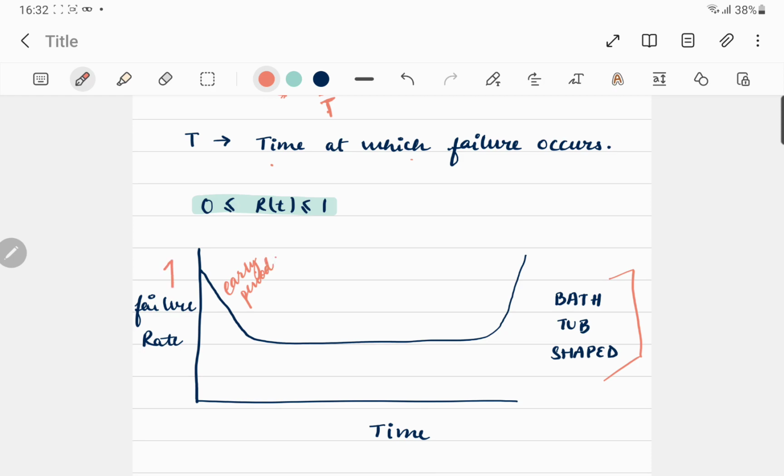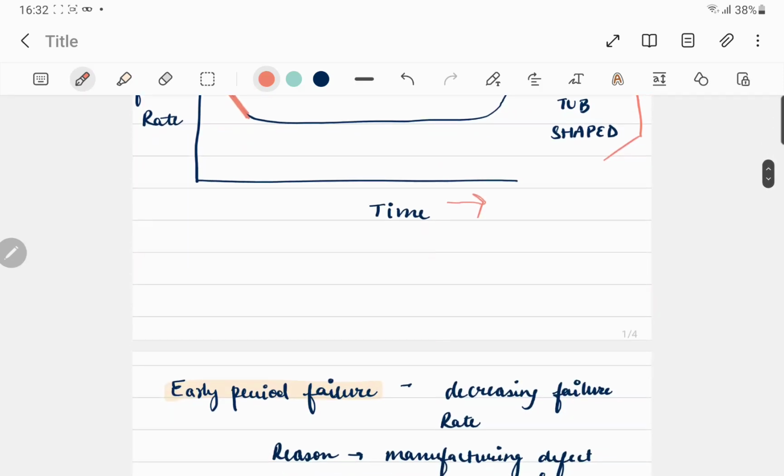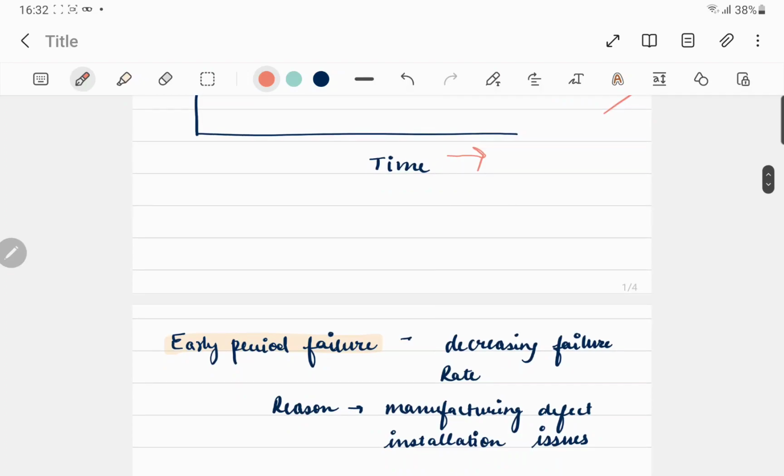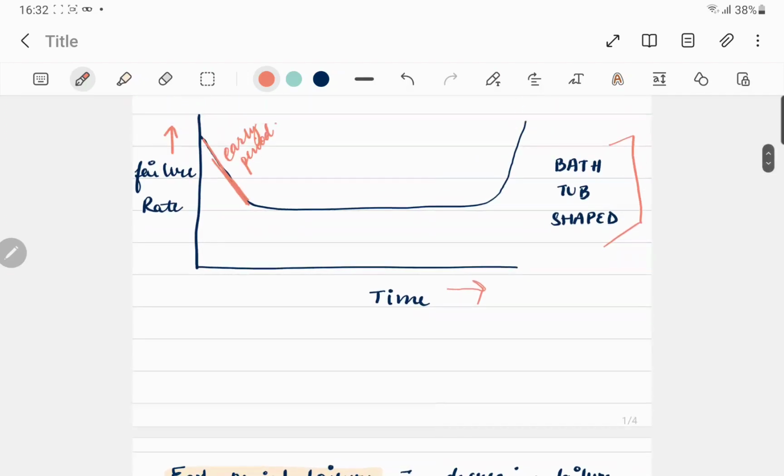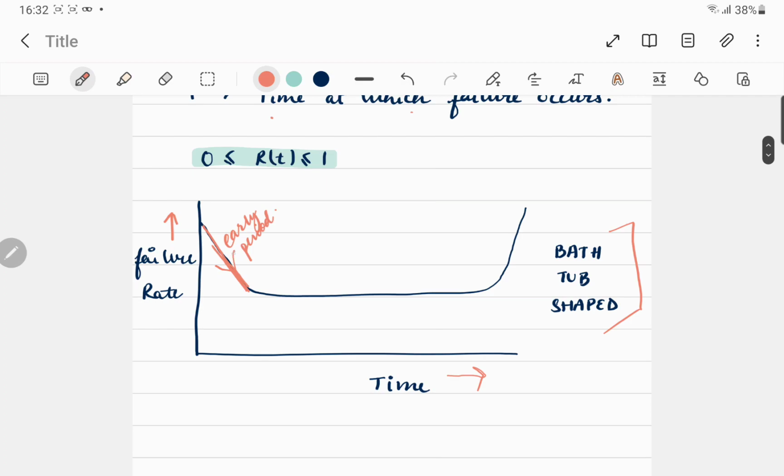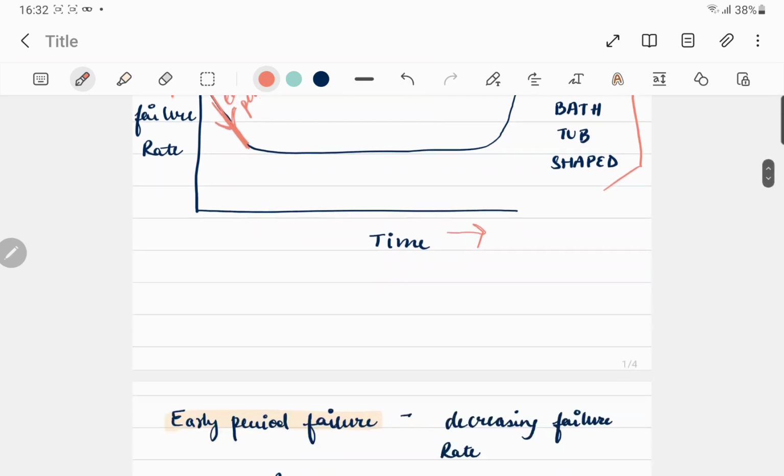On the y-axis we have the failure rate and on the x-axis we have the time. Let us understand what exactly happens in the early period. In the early period there is a decreasing failure rate. As you can see, the failure rate is decreasing gradually.